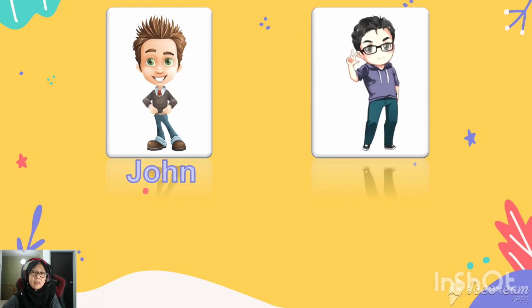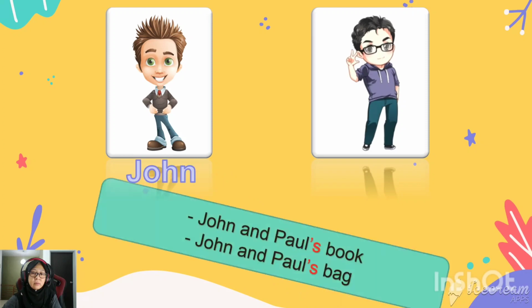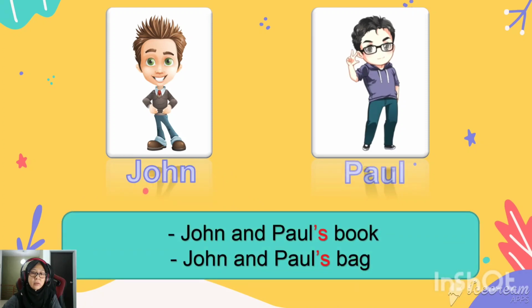Okay, let's look at this one. This is John and Paul. So, how many people here? There are 2 people, John and Paul. So, because there are more than one, this is already plural. However, we cannot put John's and Paul's book.